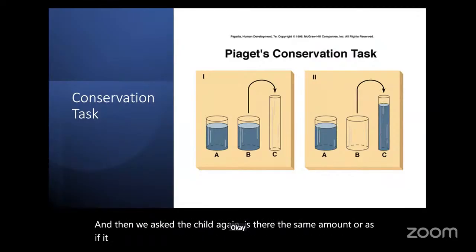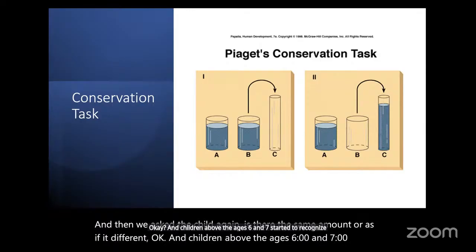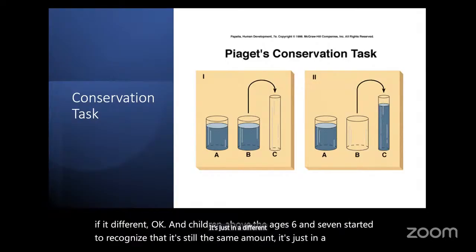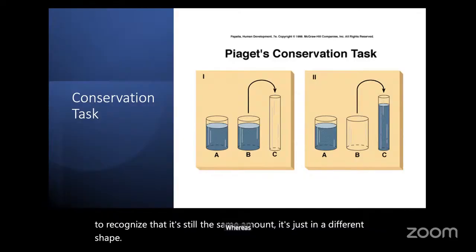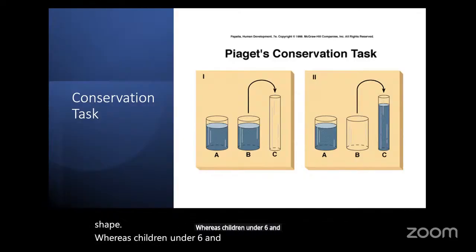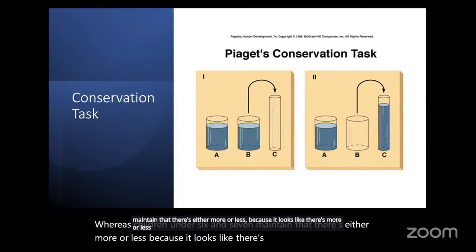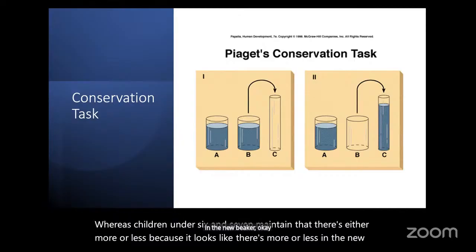Okay. And children above the ages of 6 and 7 started to recognize that it's still the same amount, it's just in a different shape. Whereas children under 6 and 7 maintain that there's either more or less because it looks like there's more or less in the new beaker. Okay.